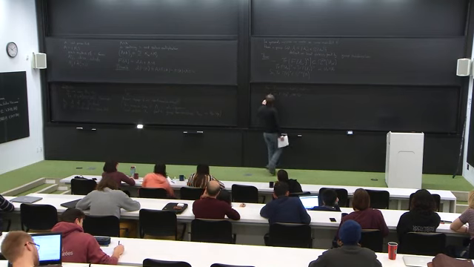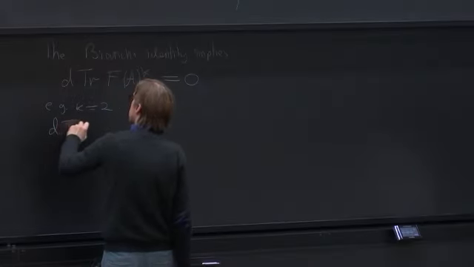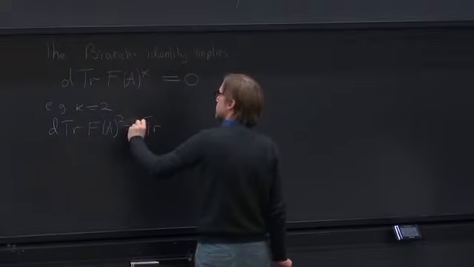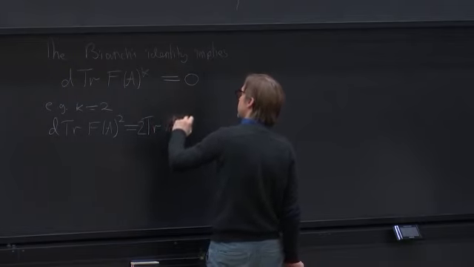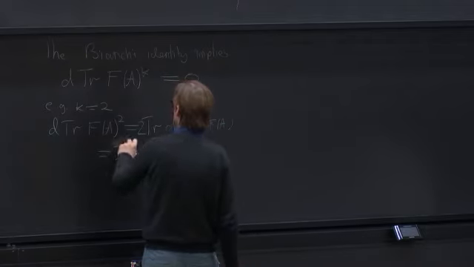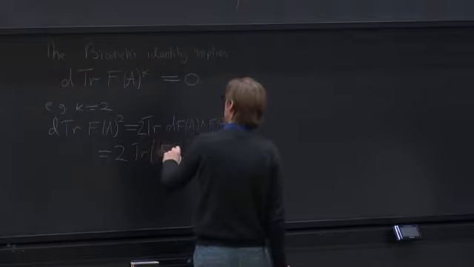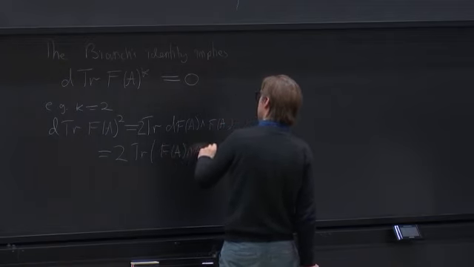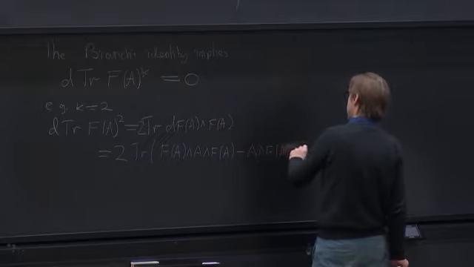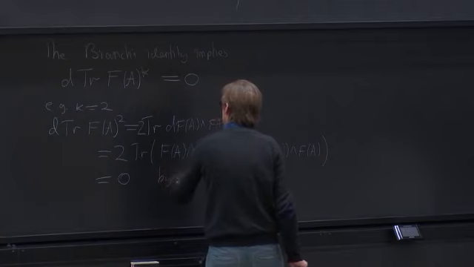So let's see this for k equal to 2, e.g. d of trace F_A squared is equal to twice trace dF_A wedge F_A, which is equal to twice trace of F_A wedge A wedge F_A minus A wedge F_A wedge F_A, and that's equal to 0 by the cyclic invariance of trace.